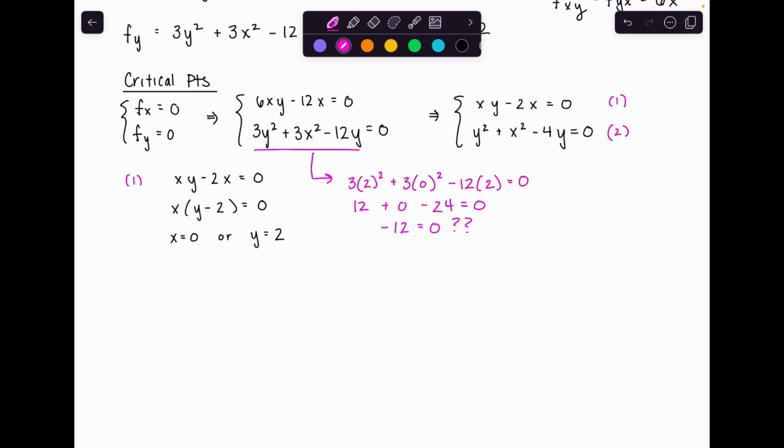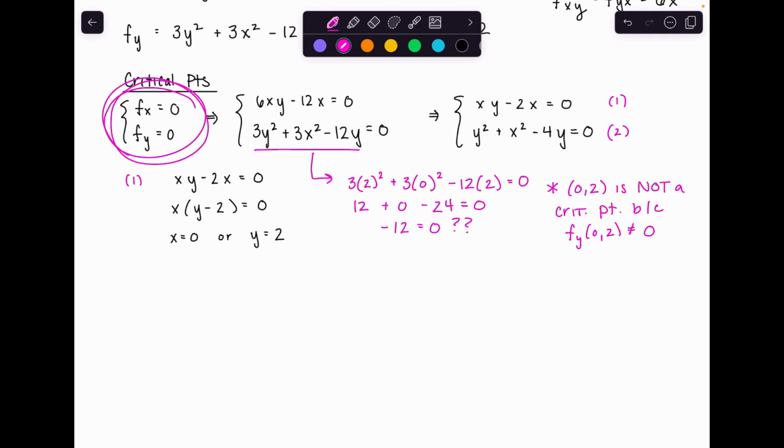So although that (0, 2) would make the first partial equal 0, it does not make the partial with respect to y equal 0. So be super careful. (0, 2) is not a critical point, because if you plug this into the partial with respect to y, it does not equal 0. And I need both of these to equal 0 simultaneously at that point.